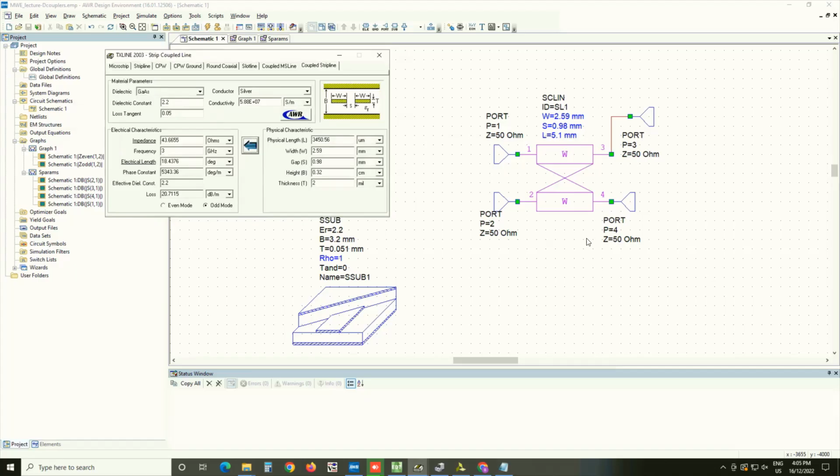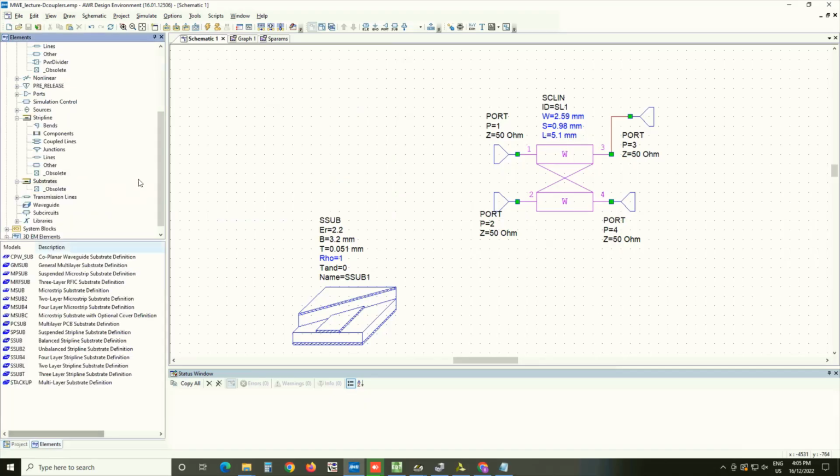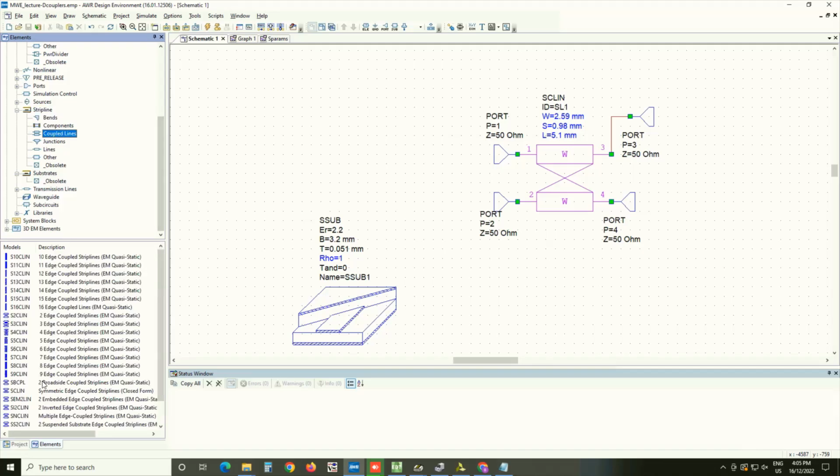So the model we are going to use here is the pre-solved models. Remember, I had introduced these to you some time back. So in the elements, these are under strip line and coupled lines. Okay. So I've used the simplest symmetric edge coupled strip line model, which is already what I've drawn here.